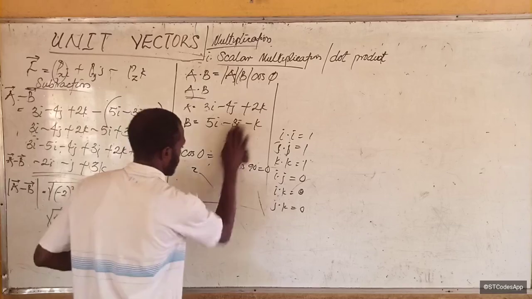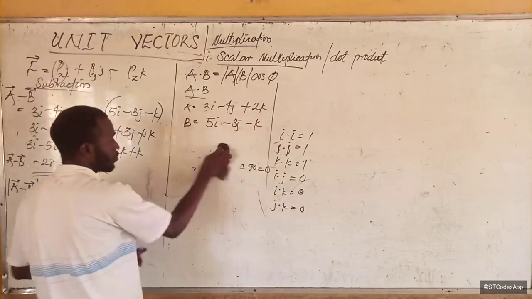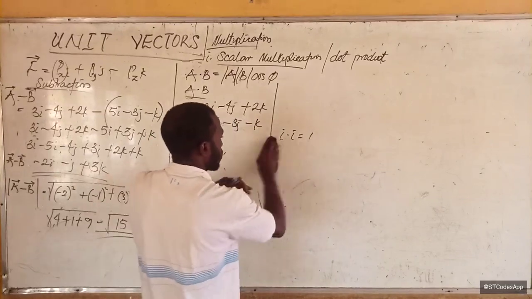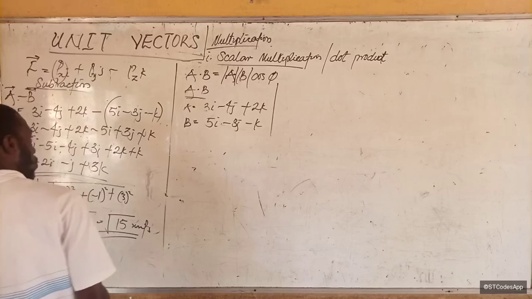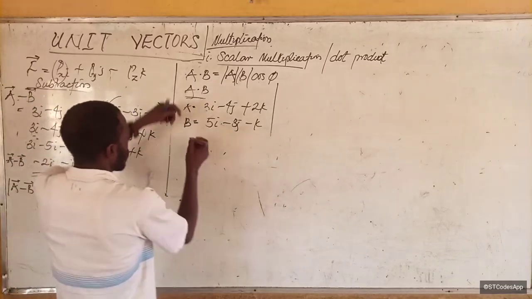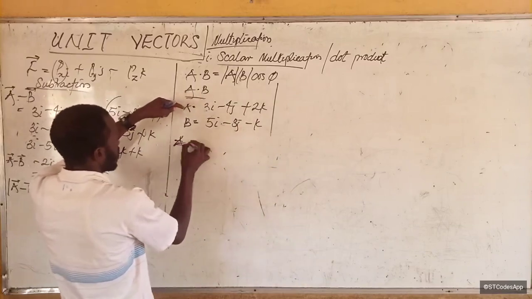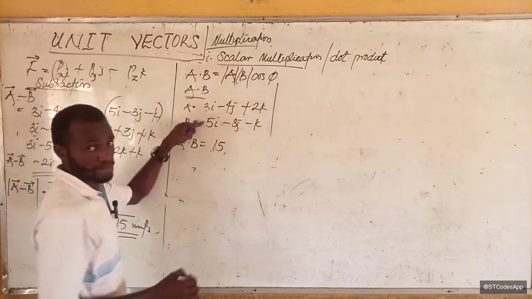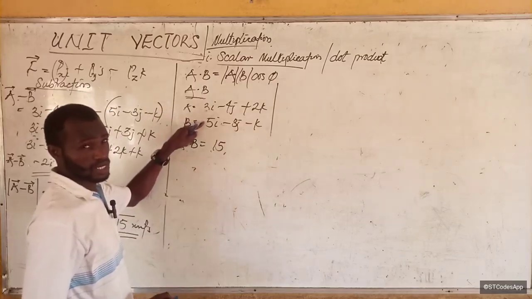I just proved to you why, so this is the principle here. i dot i gives 1, so because it gives 1, we necessarily just multiply the like terms. So A dot B will now become 3 times 5, which gives us 15.